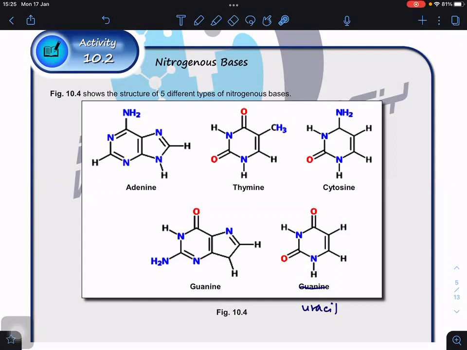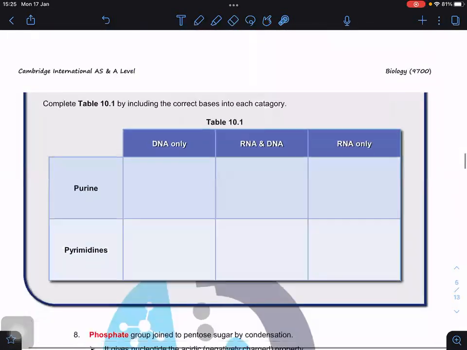The answer is no. You are not required to remember the structure of the bases, but you need to remember how many rings they have. Adenine and guanine have two rings, they are purines. CUT: cytosine, uracil, and thymine have a single ring. Now complete this table.